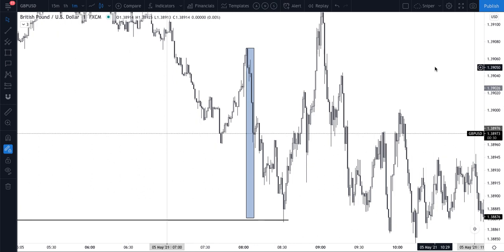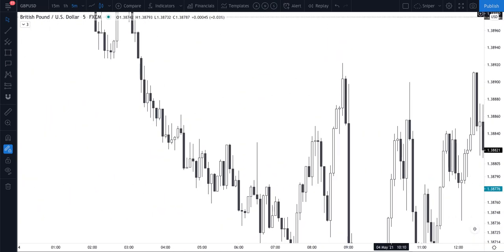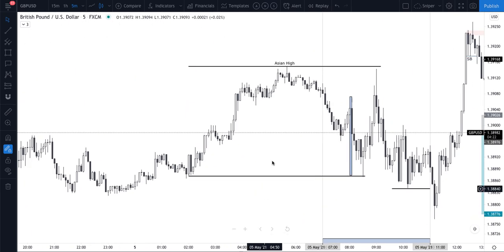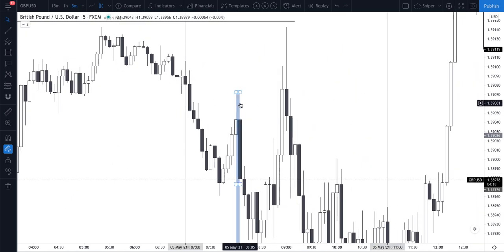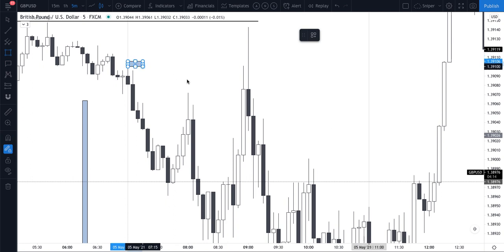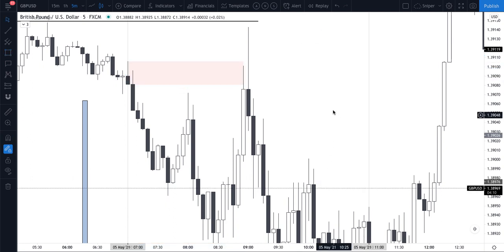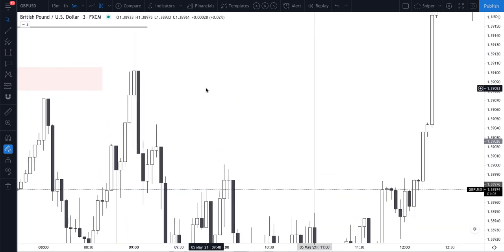So this is initially where I wanted to sell, but I had a limit set. Actually, I should have started with this. This was where my first entry was. So I identified this area of supply, like this. And you can see our price just, was it a lower time frame?